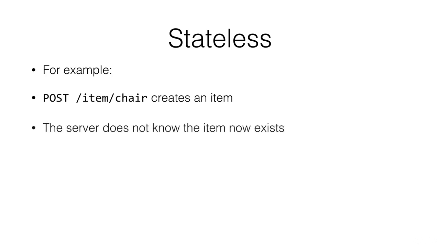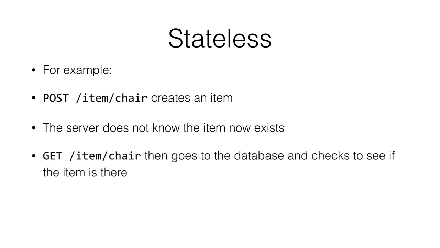For our first example, imagine we create a chair item. We create a request that is POST /item/chair, and presumably that creates a chair. The server doesn't know the item now exists. It has created it, it has put it in a database, and then it's forgotten about it because it's sent us a response back. It said item created, for example, and then it's forgotten that the item exists, but it is in the database.